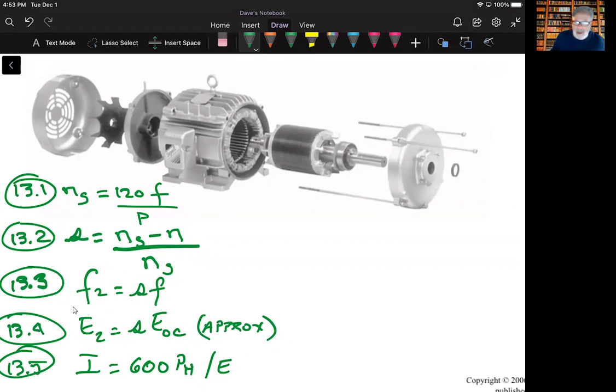Now we're going to work a problem. It's a great problem, example 13-3.